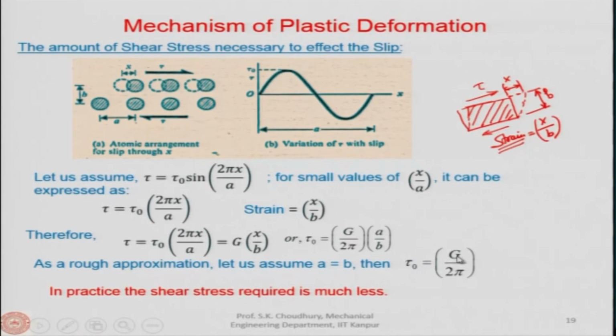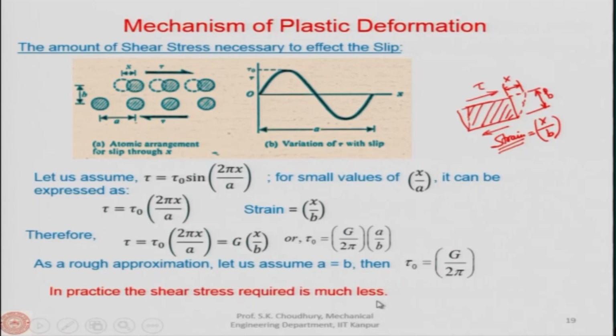So, if we take any value of the strength of any engineering material, let us say steel, even mild steel for example, then you divide by 2 pi and you will see that this value is very, very high. This value that we are calculating through this would be very high. In practice, the shear stress required is much less.